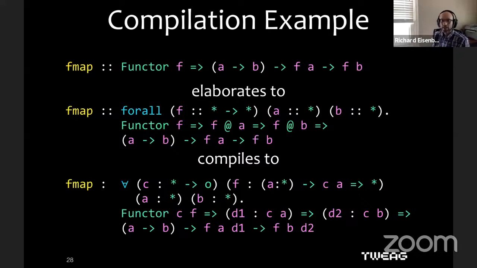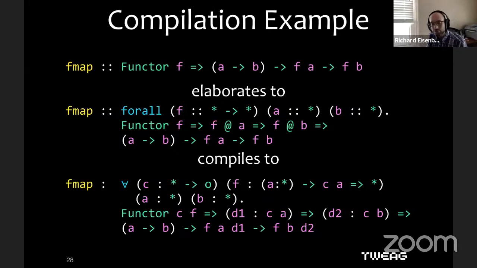So we have to quantify over that. Then we can quantify over f. But now let's look at f's kind. f takes some argument a of kind star, but now it needs to know that that constraint holds of a. So in the concrete case, let's say f is BST. If f is BST, c would be Ord, right? So that's the constraint. And then the kind of f is, well, it takes some argument a, let's say Int, but then it has to take an Ord Int dictionary, or an Ord Int constraint, before it's a full type that we can use.